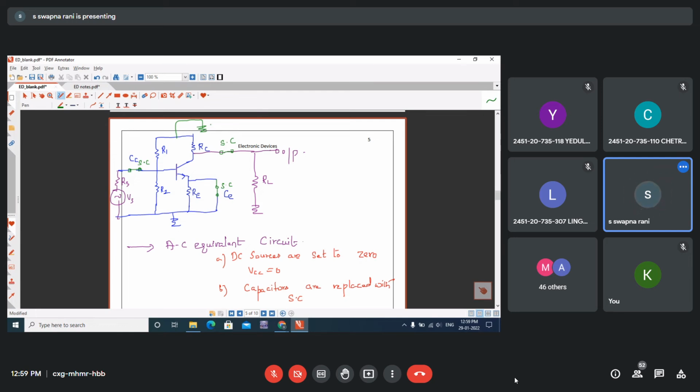Now look, RE in parallel with a short circuit, which means zero resistance. RE in parallel with zero resistance is equal to how much?